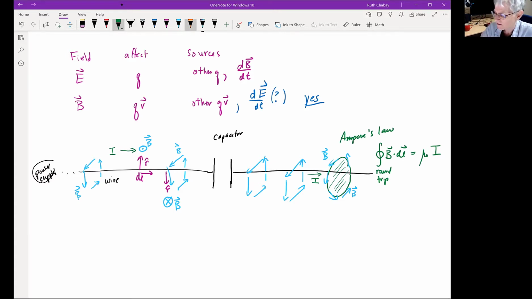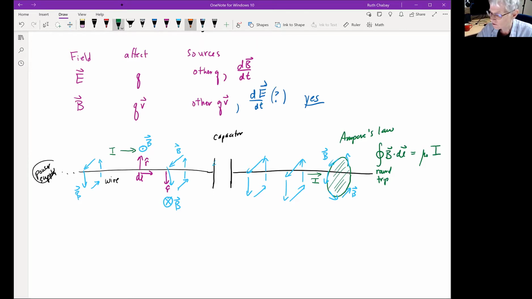Well, presumably there's a magnetic field everywhere here. There's going to be a magnetic field even around this capacitor, which actually isn't a very big part of this circuit. But we actually have a problem here because there's no current in here.